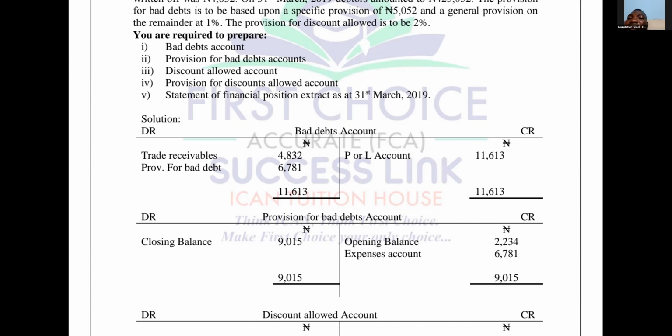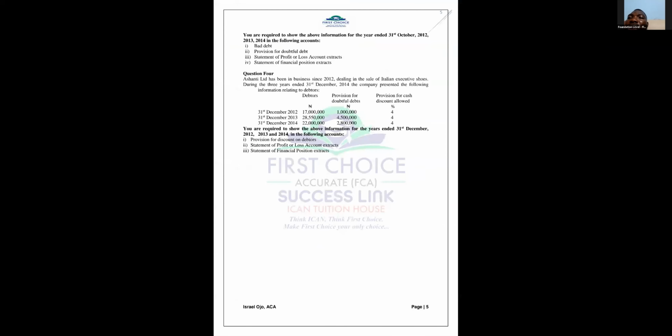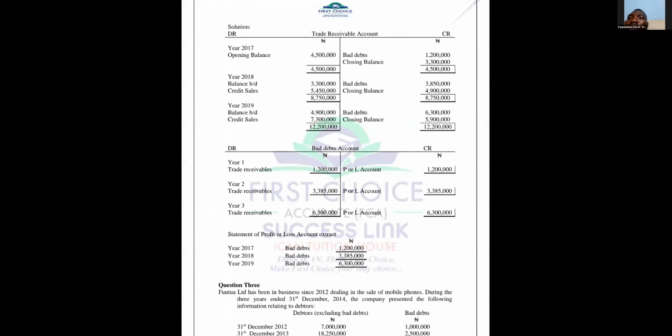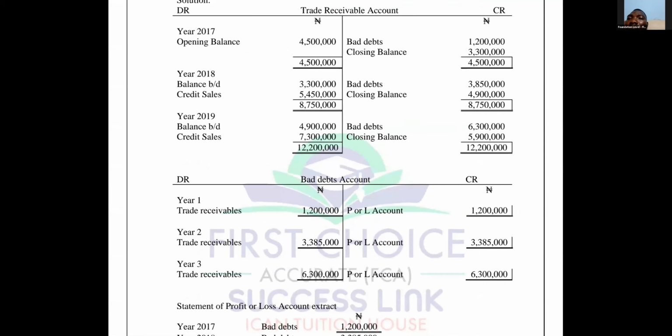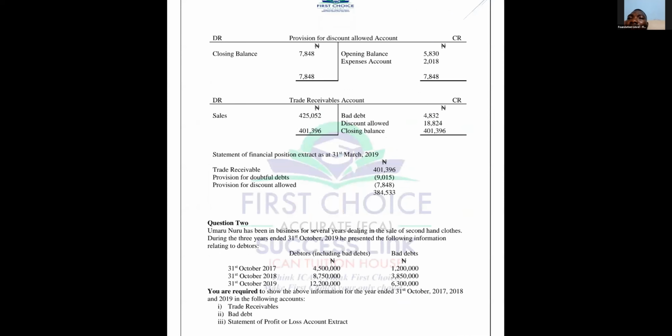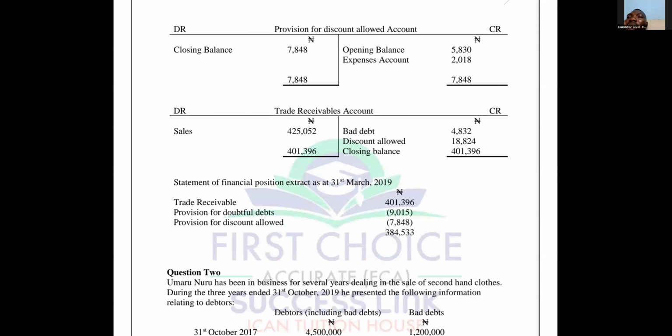Now, if you look at the discount as well, let me show you. Okay, yeah, this is it. If you look at the discount that we have here, the opening balance is 5,830, closing balance is 7,848. That is also an increase.